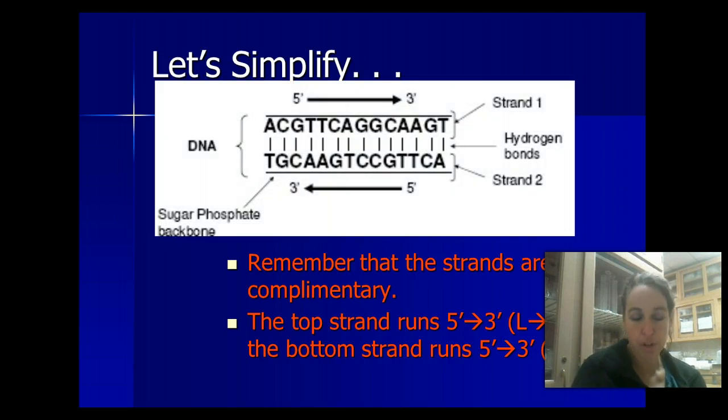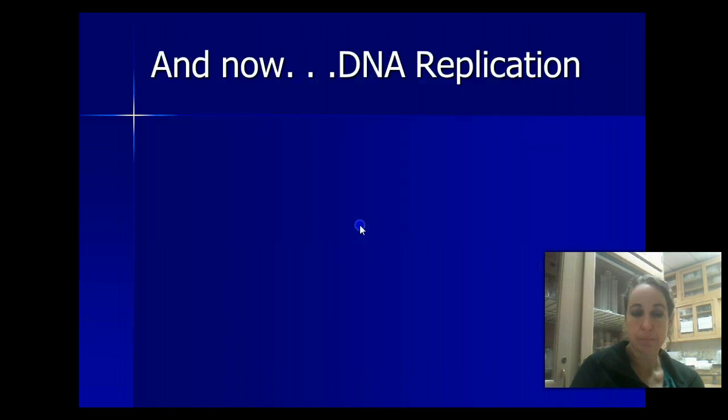So once you have your model completed, you'll see that they're running upside down from each other. So A bonds with T, C bonds with G. And if you take out all of the phosphates and the sugars and everything to make it simpler, you know that 5' to 3' is strand 1, and then 5' to 3' strand 2, just going in the opposite direction. And that's how we read it.